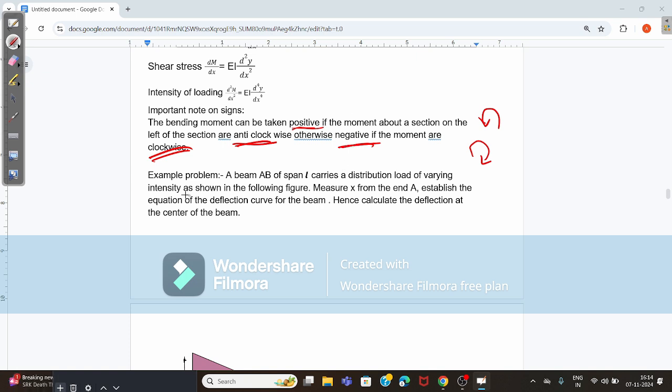Okay, example problem here. A beam AB of span L carries a distributed load of varying intensity as shown in the following figure. Measure x from the end A, establish the equation of the deflection curve for the beam, hence calculate the deflection at the center of the beam.